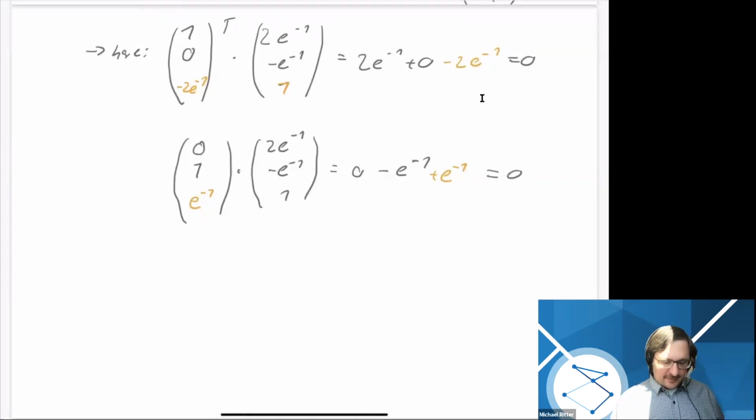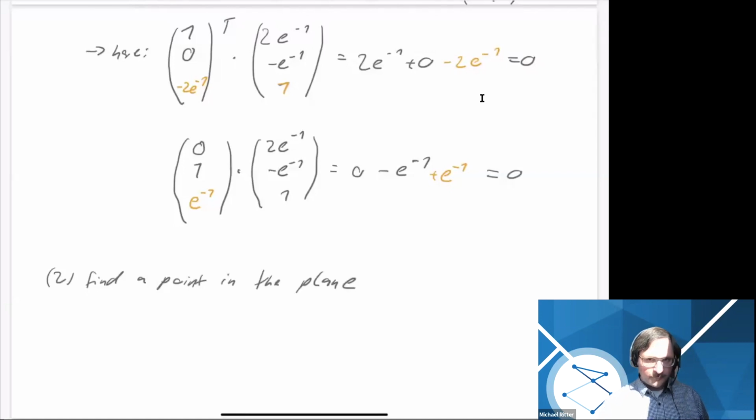Only thing left, part 2, is to find a point in the plane. Again, any point in the plane will do. In our case, we know one of the points in the plane already. Here, we just use the point where we approximated the function, because that point is contained in the plane, obviously.